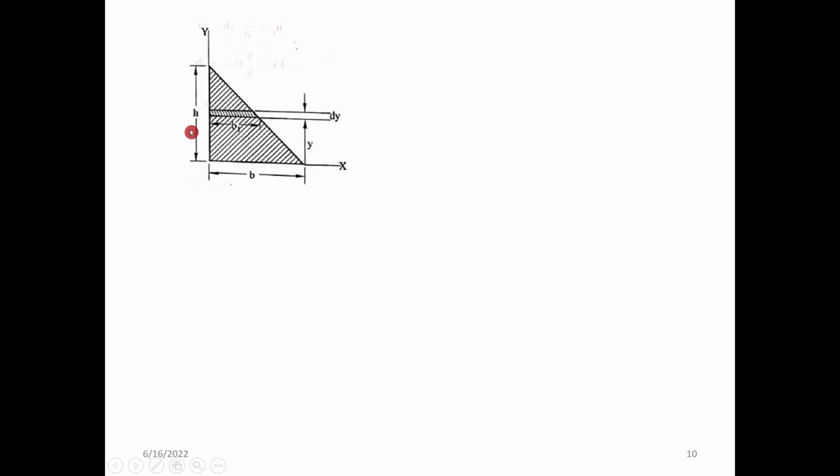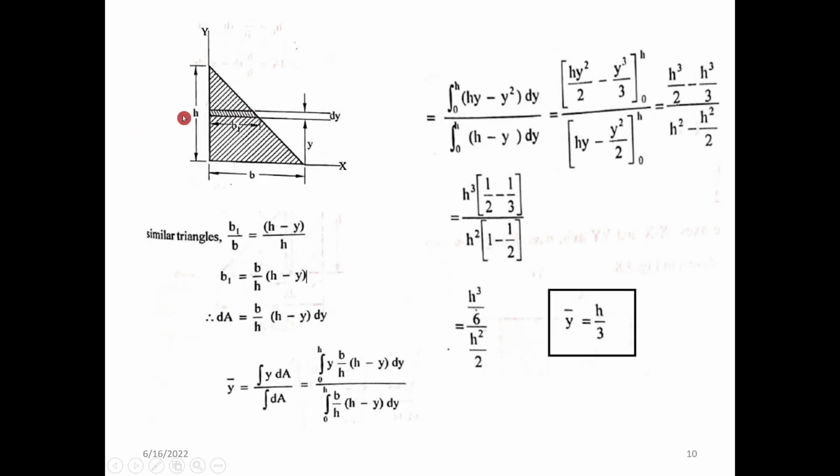So we have the total height as h, and we have to find b1 by similar triangles. So b1 by b is equal to h minus y.